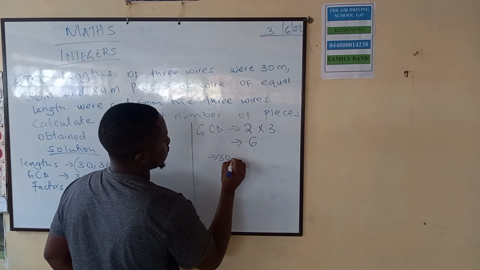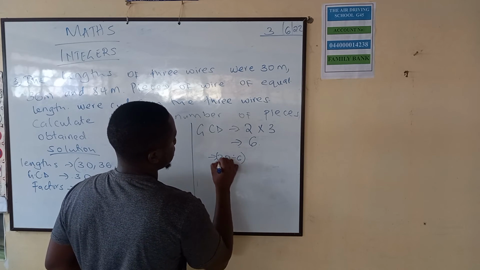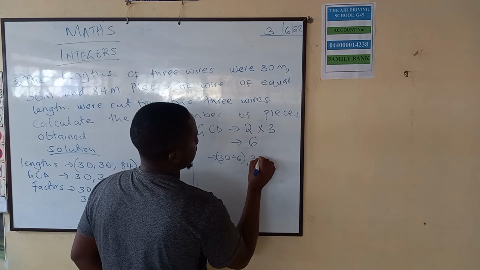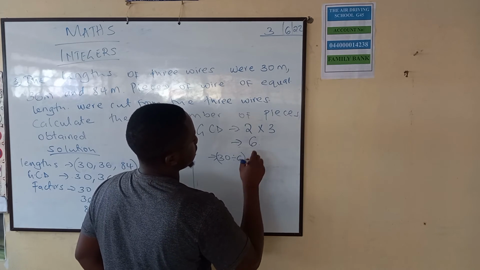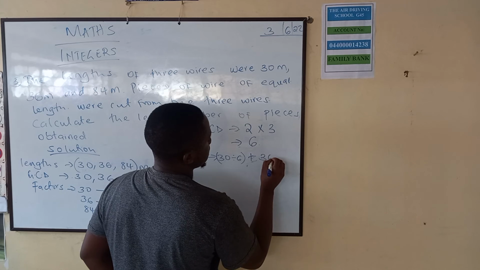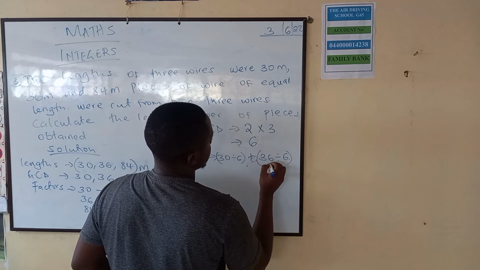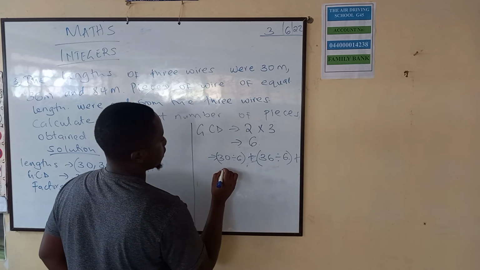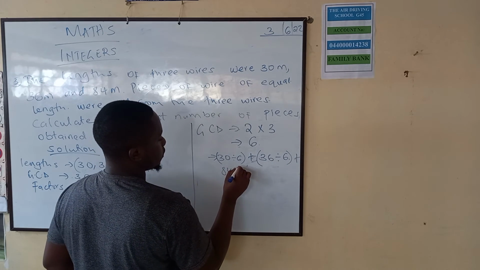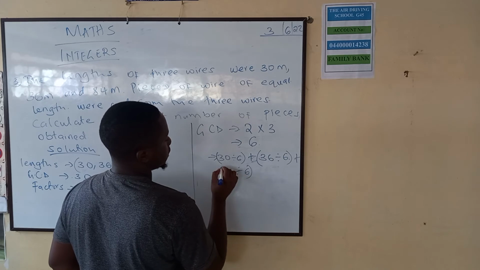So we'll have 30 divided by 6, plus 36 divided by 6, plus 84 divided by 6.